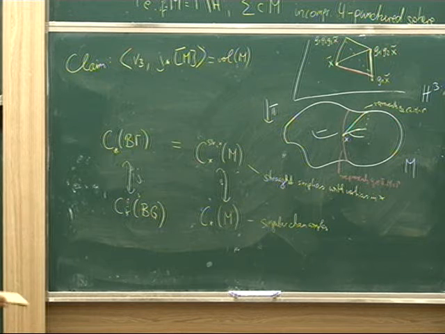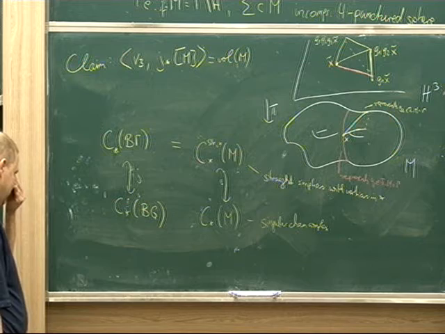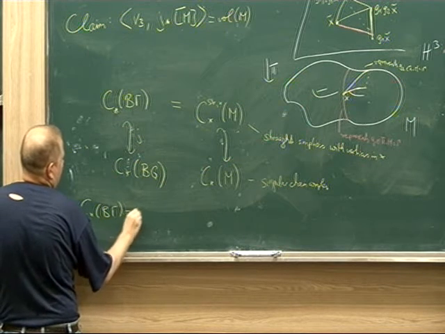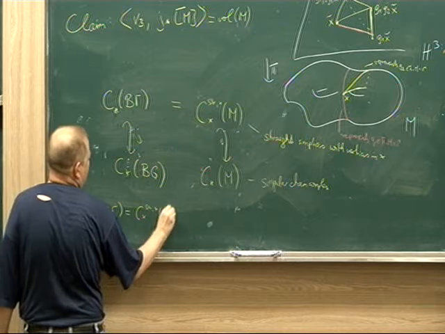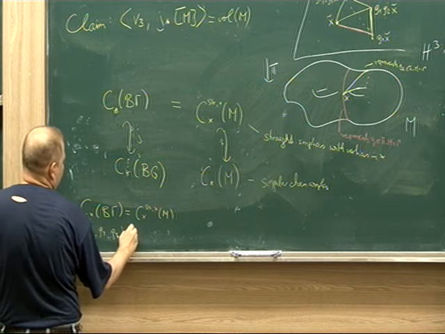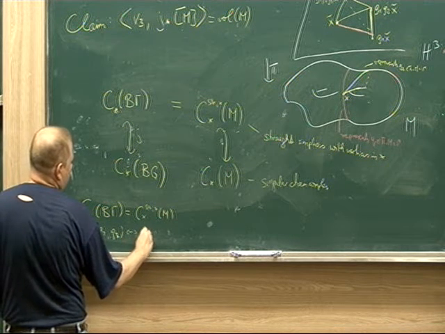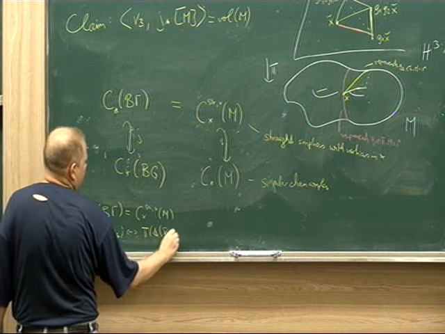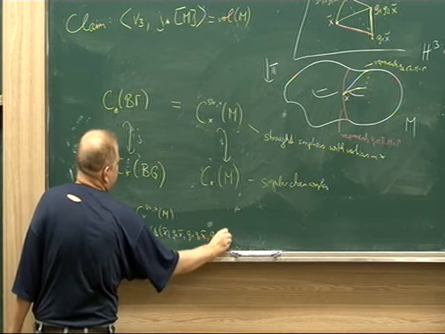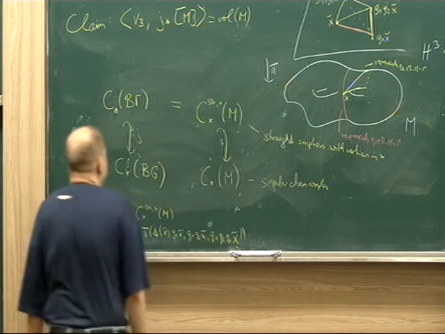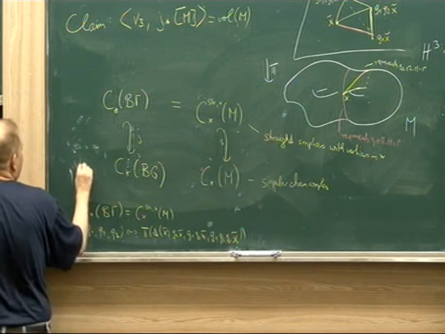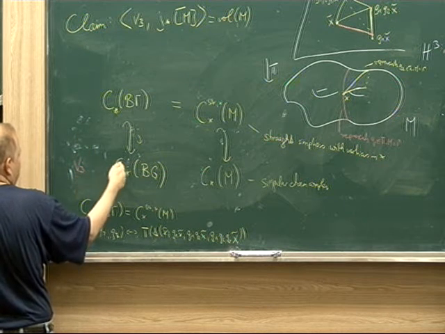Let's write it down. So here, G1, G2, G3 corresponds to the projection of the simplex with vertices, and of course here you have the homology class B3, which is defined on this complex.